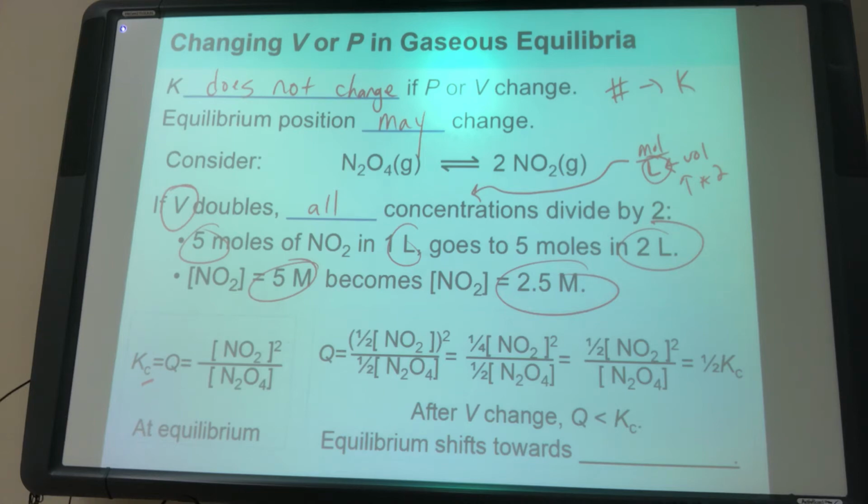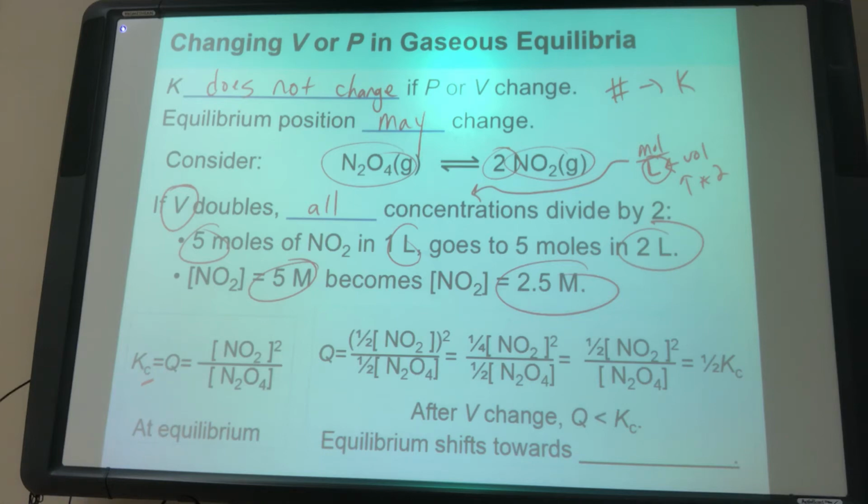It's products, NO2 to the second, over reactants, N2O4. Now, if everything goes in half, my NO2 concentration is half, my N2O4 concentration is half, but since the NO2 is squared, it's 1/4, over 1/2, and then I could just divide this, which gives you 1/2.